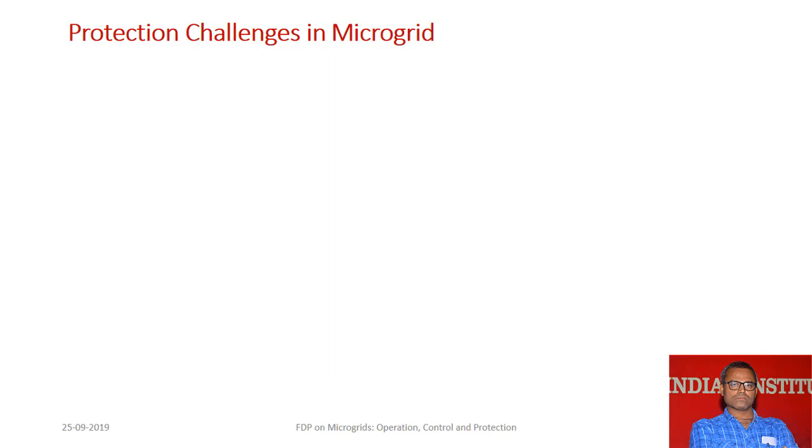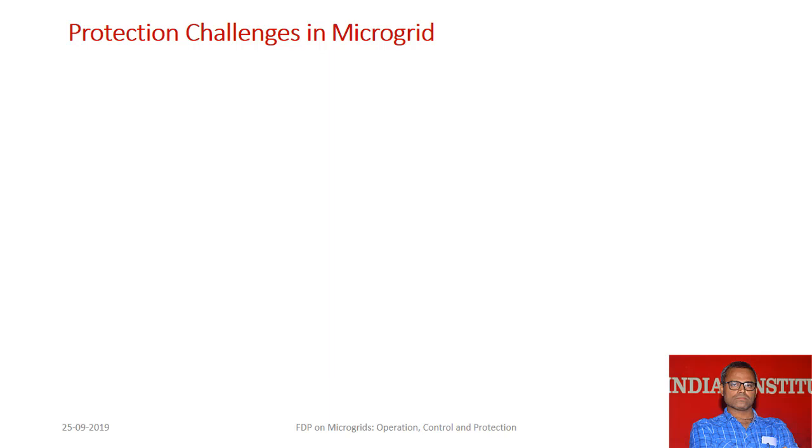I think Dr. Joe is covering more about protection in the next lecture. The attributes are generally selectivity, sensitivity, reliability. These attributes must be very well fulfilled when we are designing a protection system.